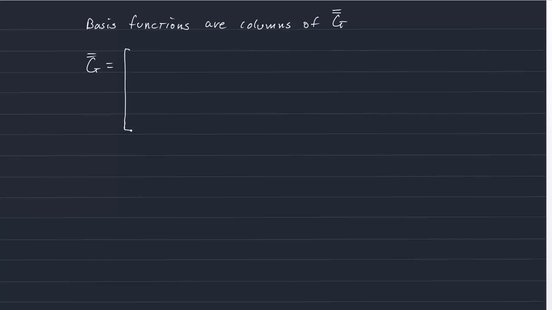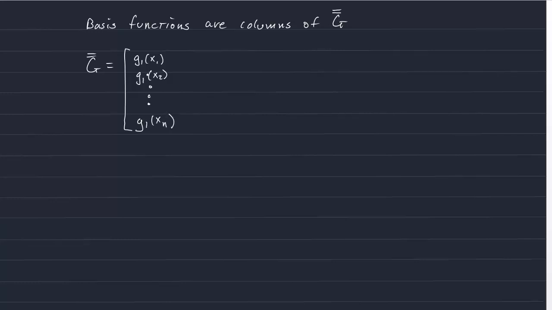The first column of G, for example, would be our first basis function, and the first row would be the first value of x. The second row is our second value of x, all the way down to the nth value of x.